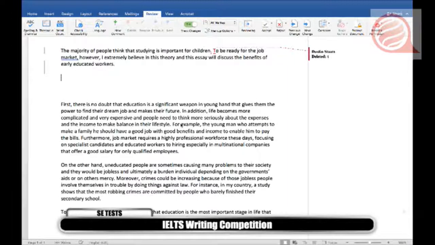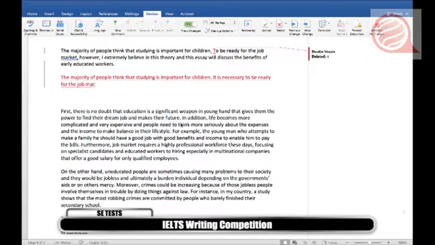Okay, so I actually looked at the body, and I think we can rewrite it this way. The majority of people think that studying is important for children. It is necessary to be ready for the job market. However, I disagree completely.